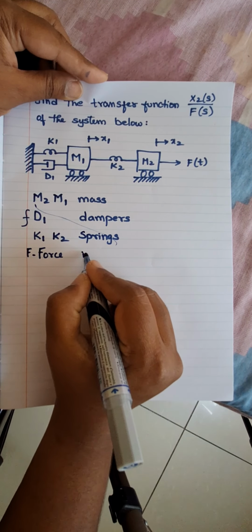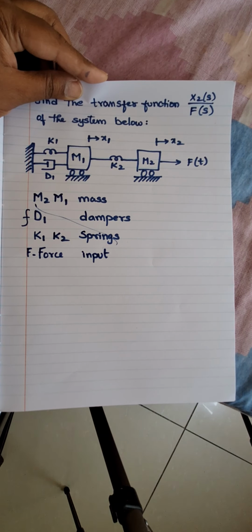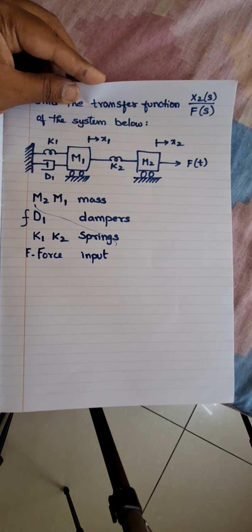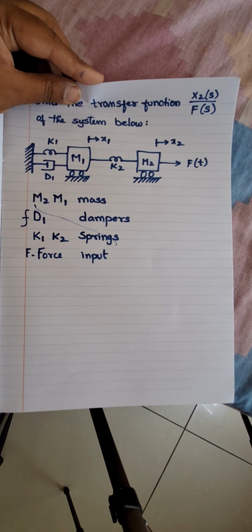F is called the input, meaning you're forcing me. The input to make me move, the input to my body, is force. When you give a force to me, when you push me, I might be in one position and now I will move to another position, right?